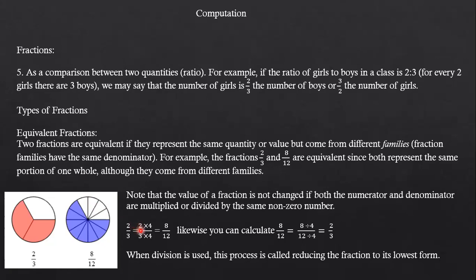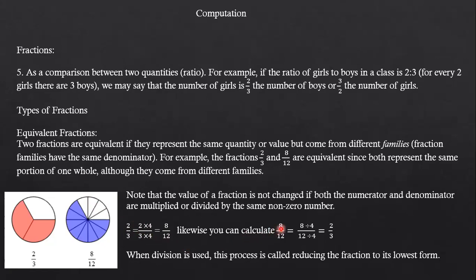In this case, 2 multiplied by 4 gives us 8 for the numerator, and 3 multiplied by 4 gives us 12, and that's how we got 8/12. One thing I want you to notice: we are multiplying the numerator and the denominator by the same number. We are not using different numbers.